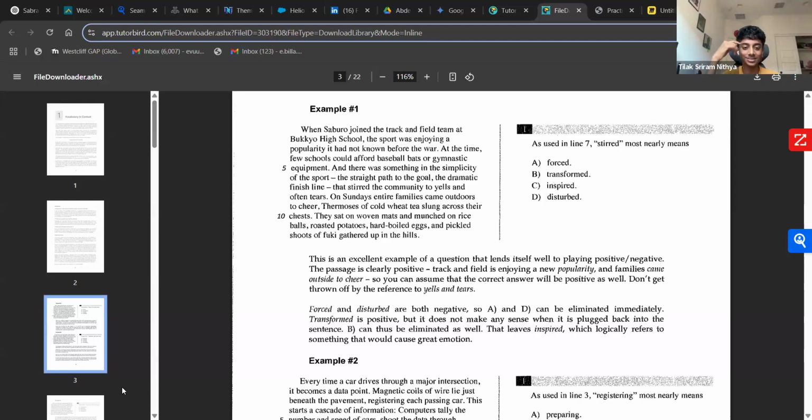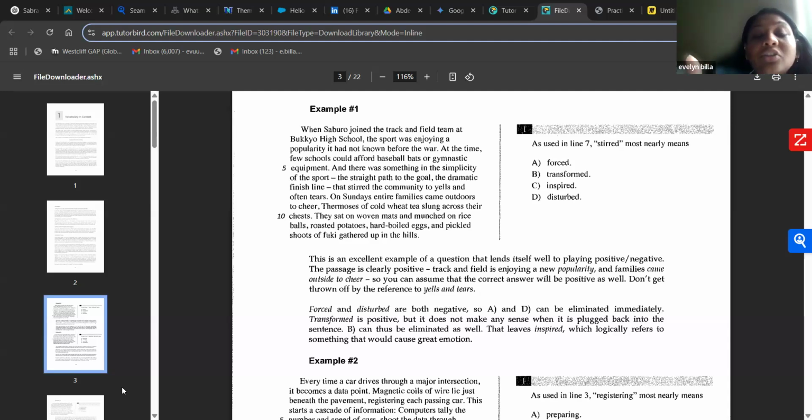It was basically due to the sentimental values of the team, not being able to afford baseball bats or gymnastic equipment, and them trying hard and doing their best is inspiring the audience, allowing them to come and support them. Very good job. So that's what the author is trying to say. Very good job, Tilak.